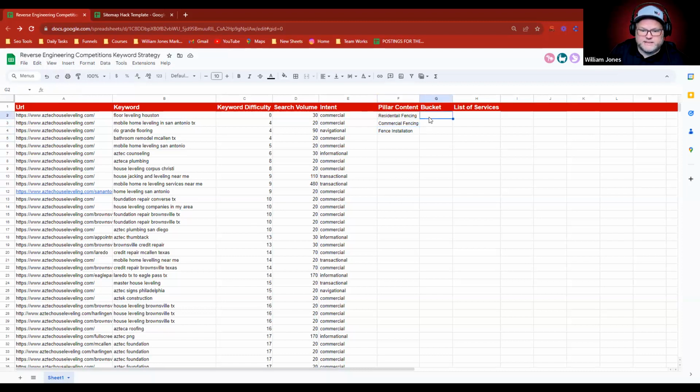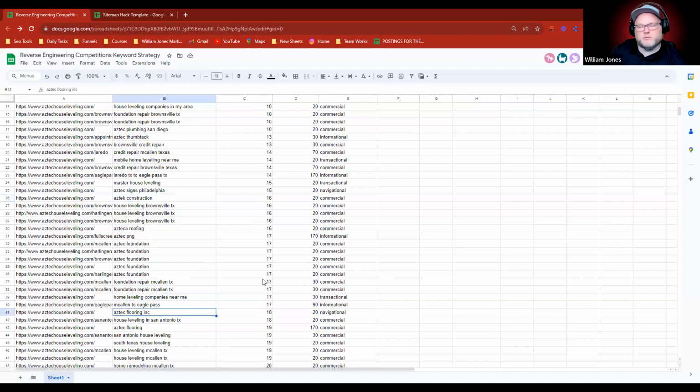Bucket wise, is this going to be navigational or transactional? Right, transactional, near me. All near me terms are transactional. Commercial could be foundation repair. Informational is thumbtack. Navigational is Philadelphia. In other words, where are we going to be going?